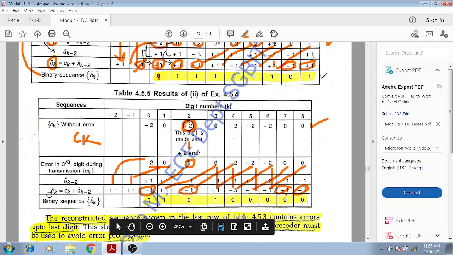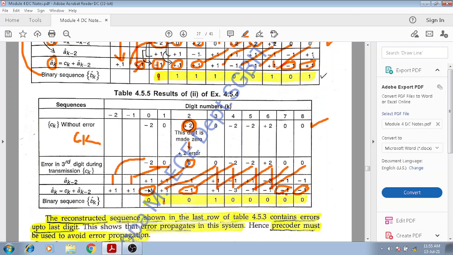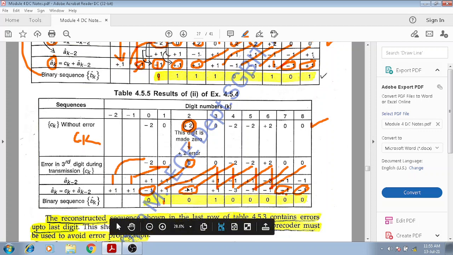If the estimated bit is greater than 0, then the binary data is 1. So minus 1 is 0, plus 1 since it is greater than 0 is 1. Again minus 1 means 0, plus 1 means 1, minus 3 is less than 0 so 0, minus 1 is 0, minus 1 is 0, 0, right?